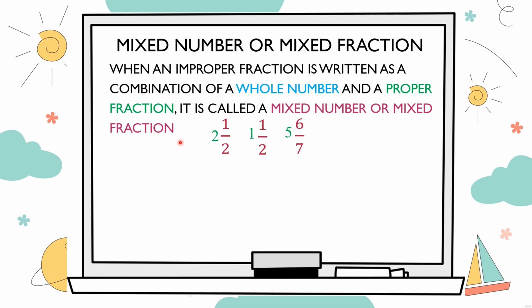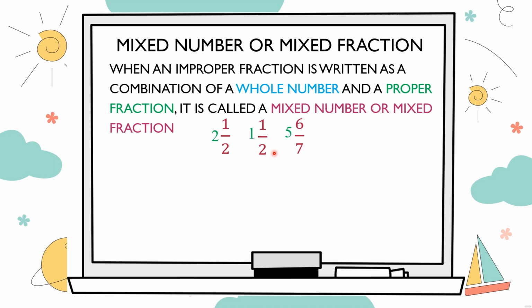Now the examples I'll give here: 2 1/2, 1 1/2, 5 6/7. Now here 1/2 is a proper fraction and 2 is a whole number. So also here 1 is a whole number and 1/2 is a proper fraction.